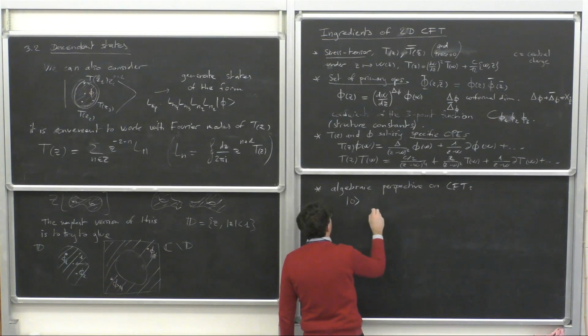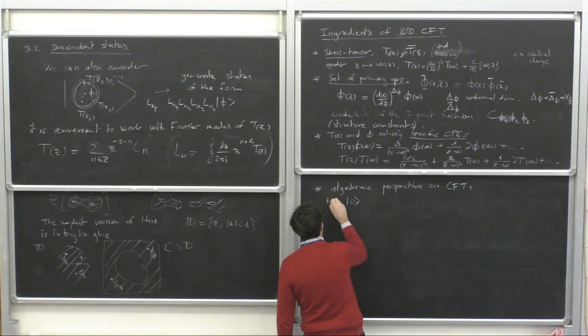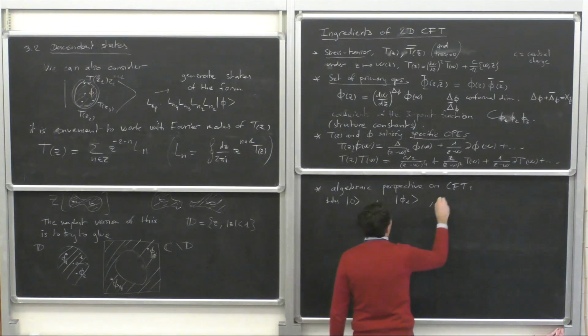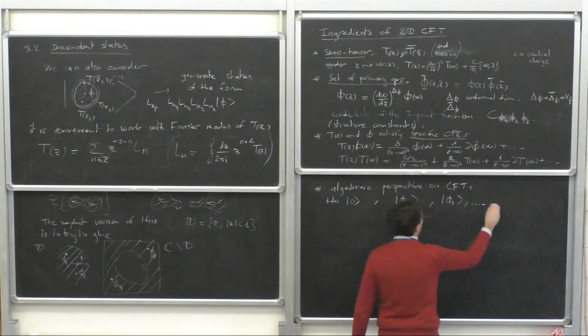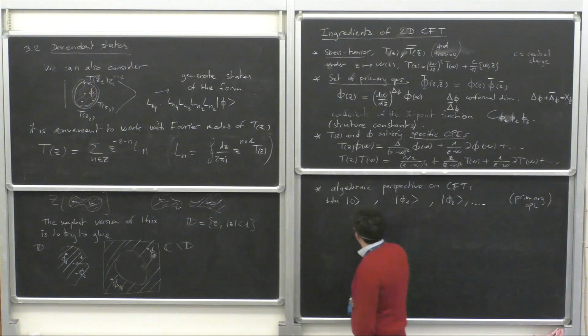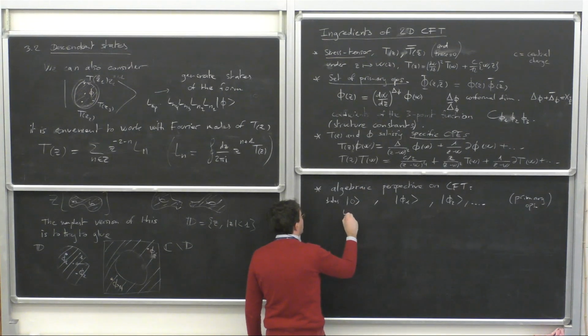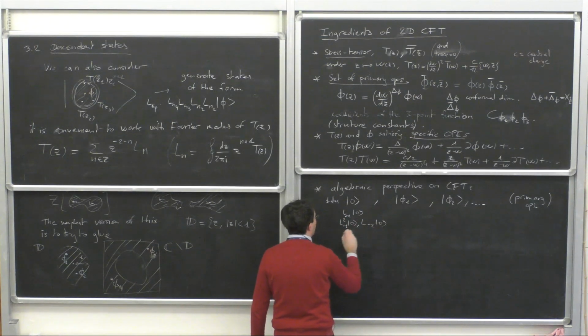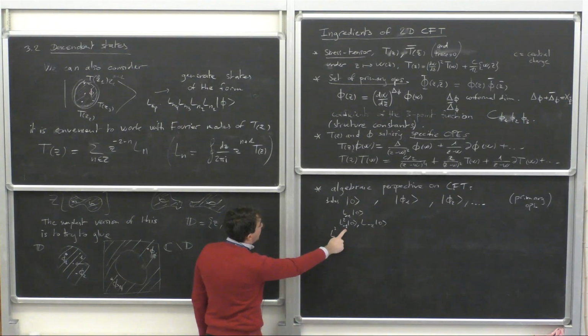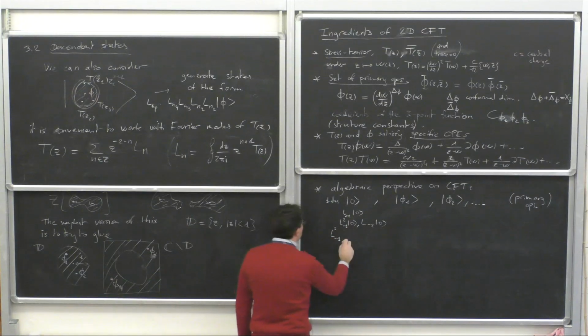In that perspective there is the vacuum state 0, and then states corresponding to the primary fields phi1, phi2. These all correspond to primary operators, and then for each primary operator you can generate descendants. So you can have L minus 1 on 0, L minus 1 squared on 0, L minus 2 on 0, and you can order the descendants according to the total conformal dimension, which is given by the sum of all these indices.